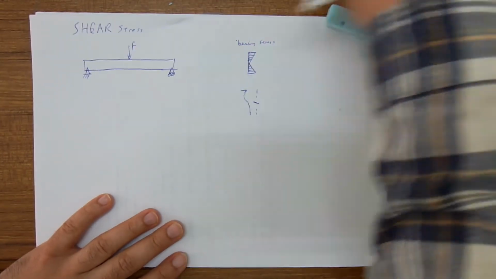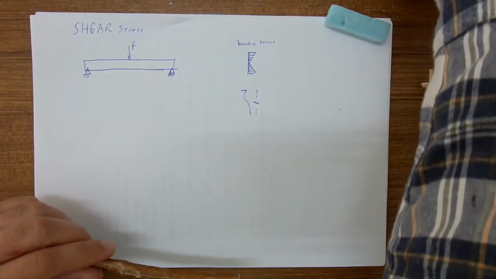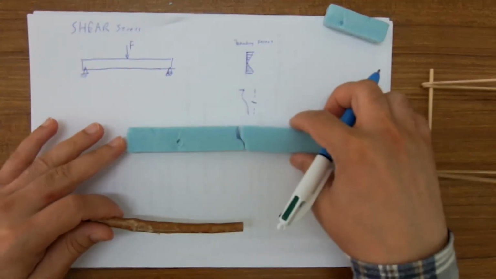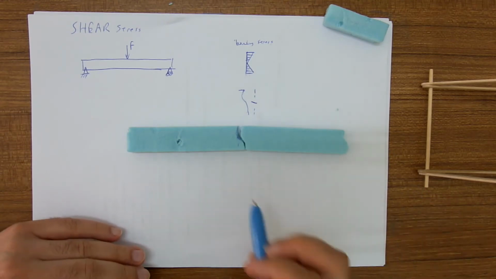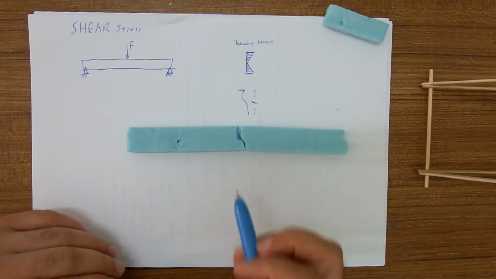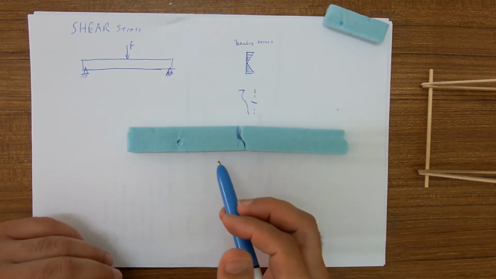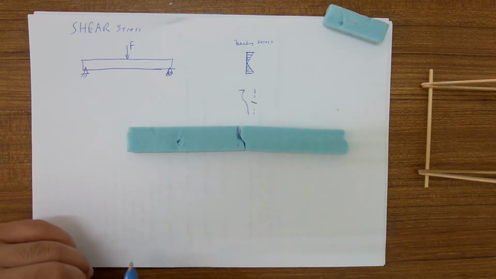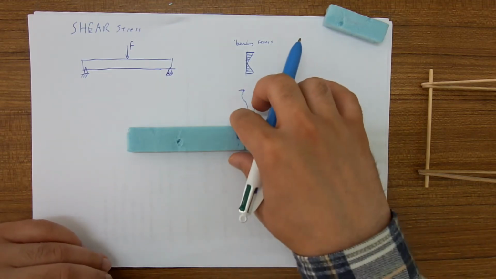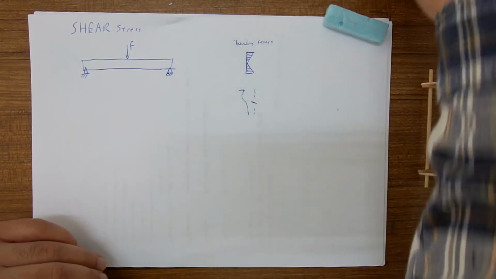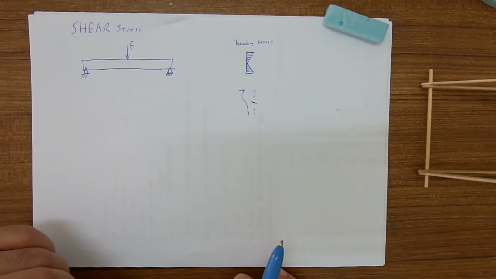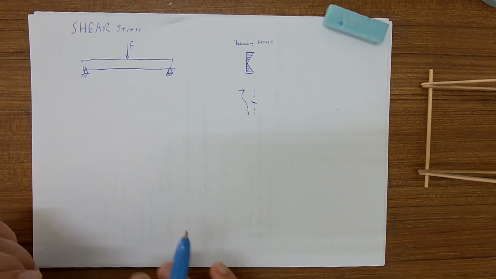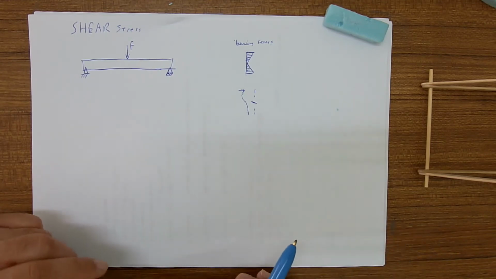By the way, this is a polystyrene foam, and it is a homogeneous, almost isotropic material. That means the mechanical properties are almost the same on all three axes, x, y, z: the Young's modulus, yield stress, etc. They are the same on all three axes.